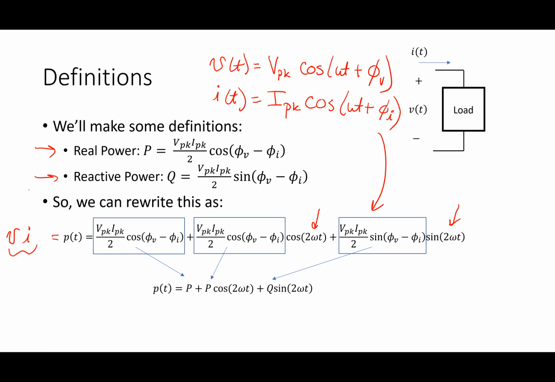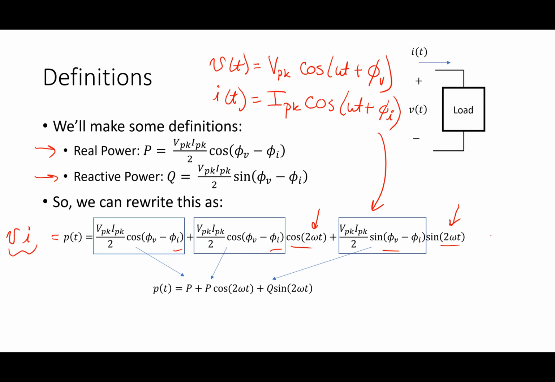What this says is, first of all, there are three terms in the resulting multiplication. I'm not going to ask you to derive stuff here. I want to apply it. P of t equals that thing. I've got a constant term plus some other term that has a cosine 2 omega t plus some other term that has a sine 2 omega t.